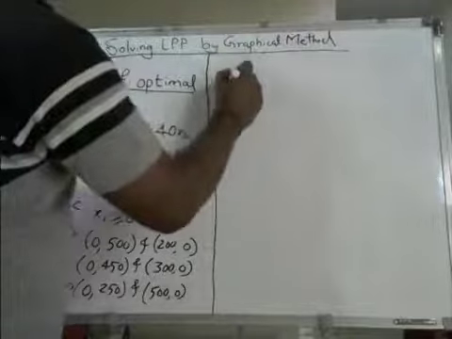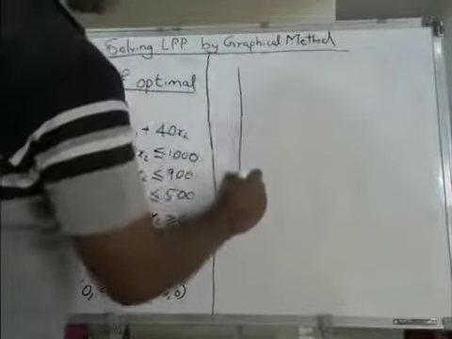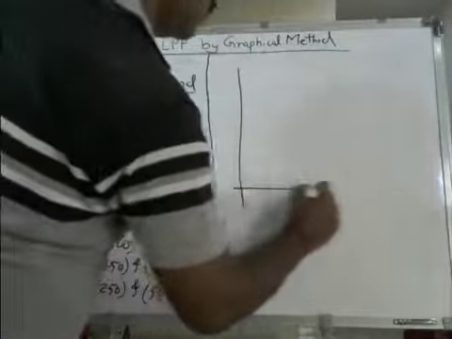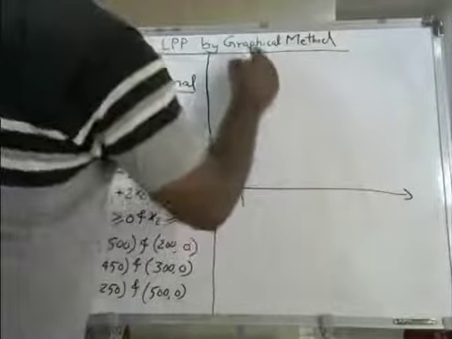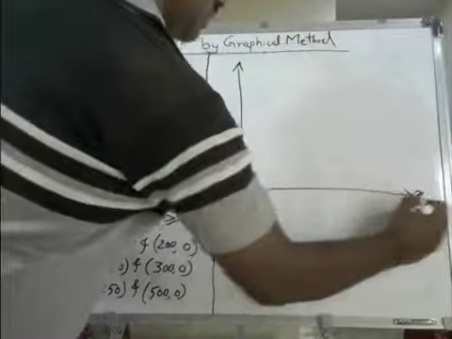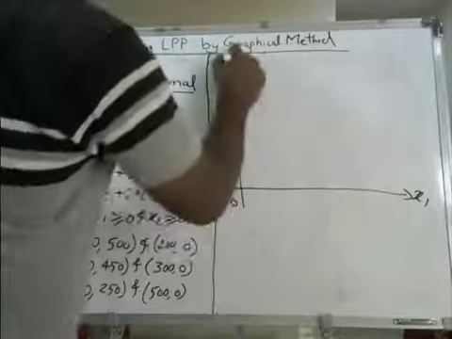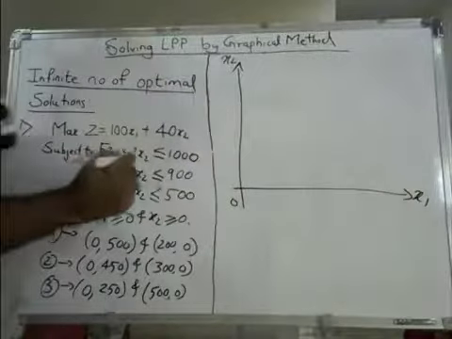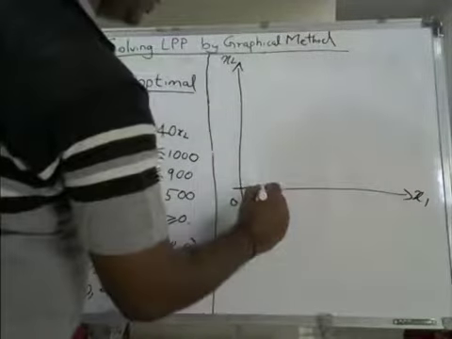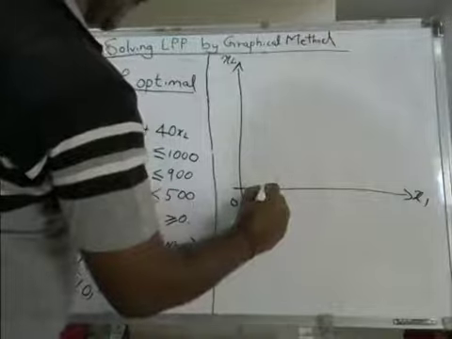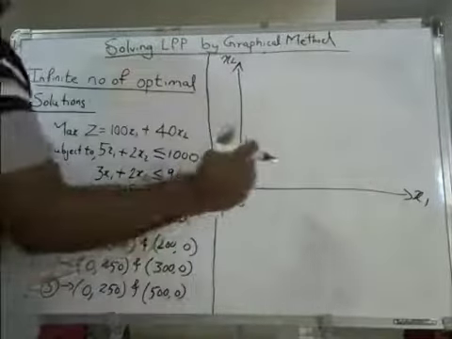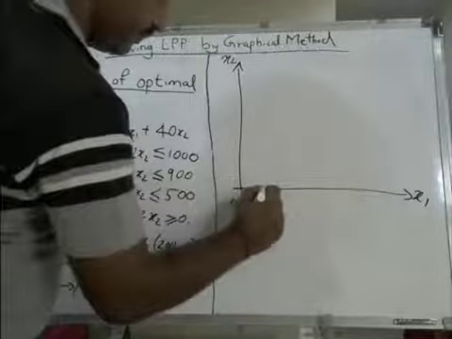If we are taking this graph, this is x1, this is x2. Let us take each unit as 100.